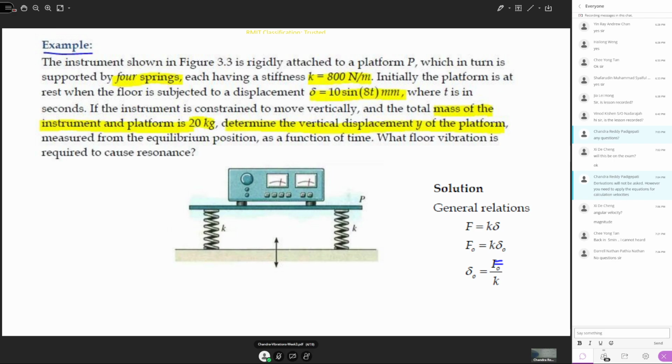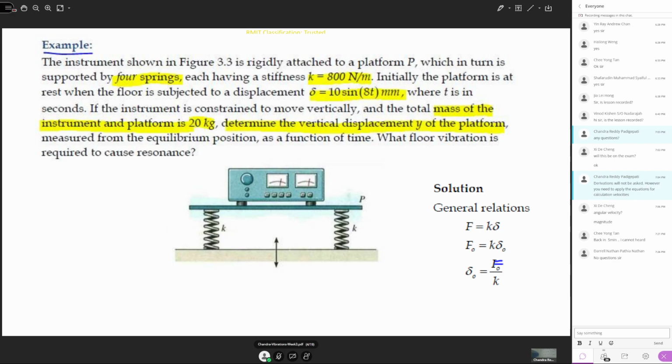Here there is an instrument, rigidly attached to a platform P, which in turn is supported by 4 springs. Each spring constant is given as 800 Newton per meter. So there are 4 springs.